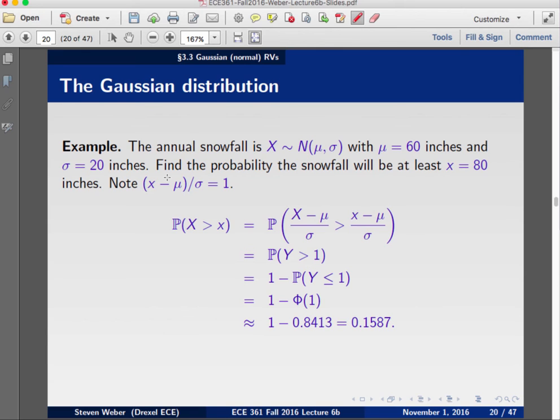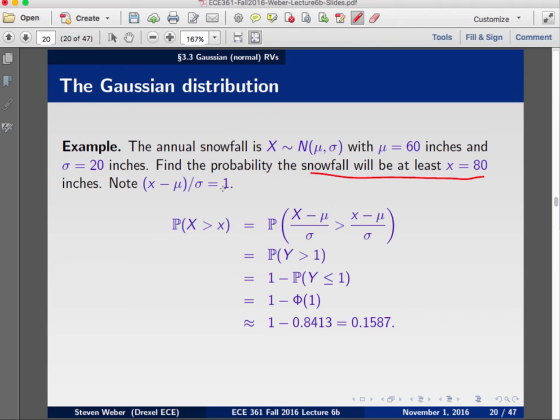We're told that the amount of snowfall is normally distributed with those parameters. And the question is, find the probability that the snowfall will be at least x equals 80 inches or more. Now, since little x is 80 and mu equals 60 and sigma equals 20, we see that 80 minus 60 equals 20, divided by 20 equals 1.